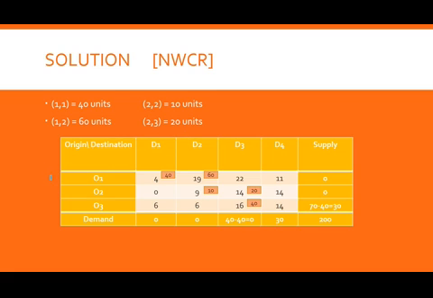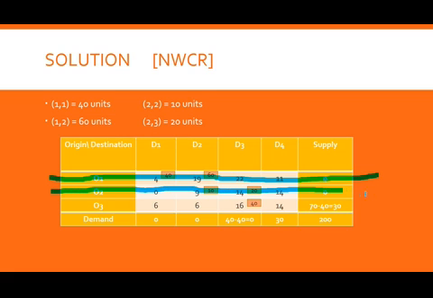Fine. So now this row is gone. This row is also gone. Then this column is gone. This column is also gone. Now the remaining portion of the matrix is only this much. So which is the top left corner? So obviously 3, 3. So how much can you satisfy here?